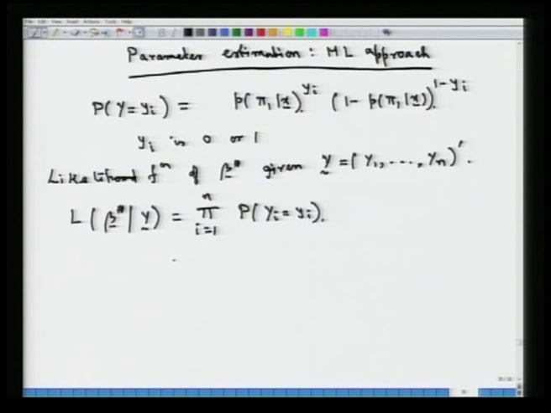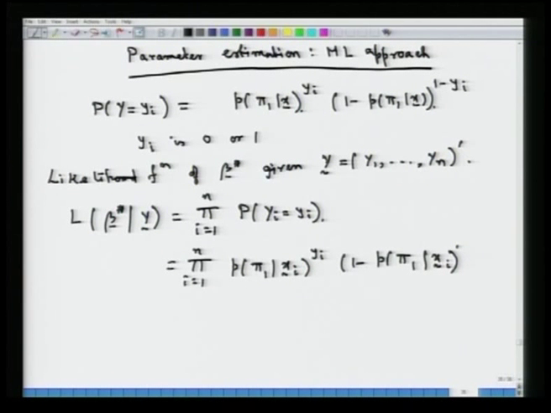So this looks like the following: the product from i equal to 1 to n of these quantities, keeping in mind that the probability that Yi equals small yi is p(π1 | xi) to the power yi, into 1 minus p(π1 | xi) to the power 1 minus yi.